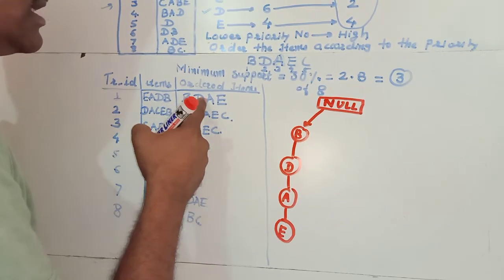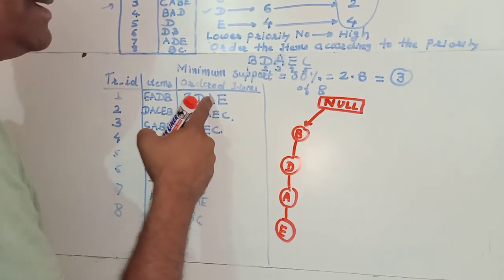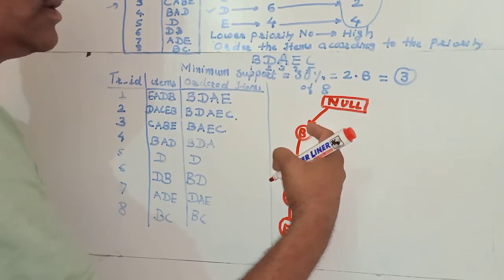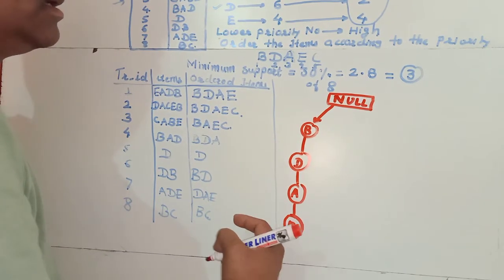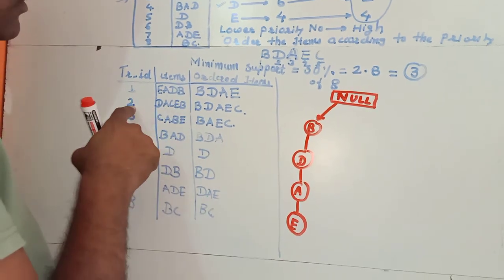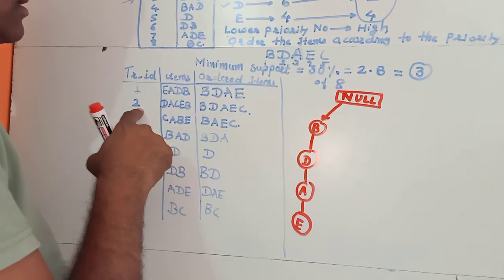Check out the first transaction ID items, that is B, D, A and E. Similarly write down B, D, A and E, right? Now check the second transaction ID.